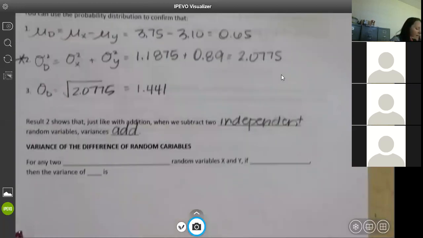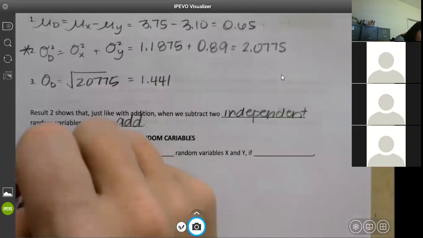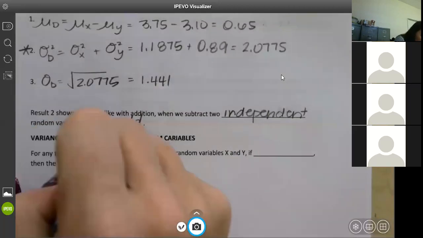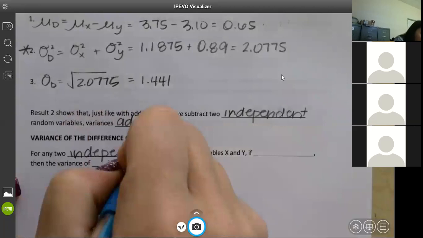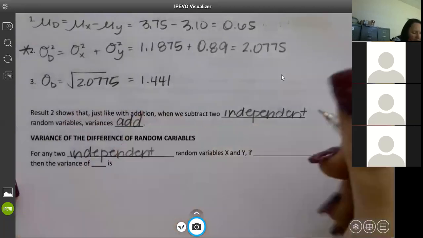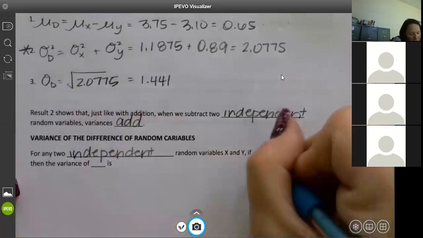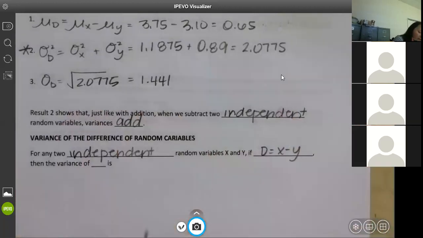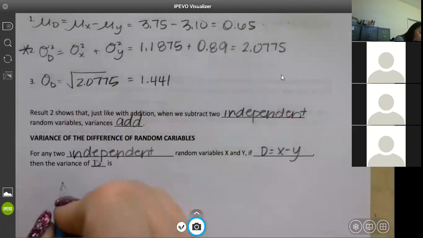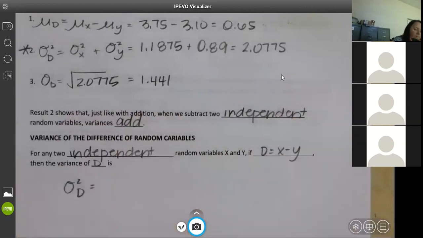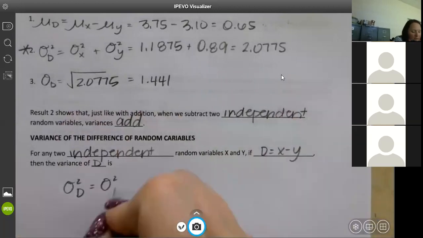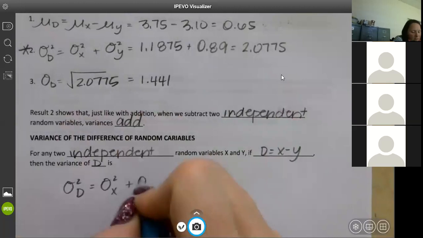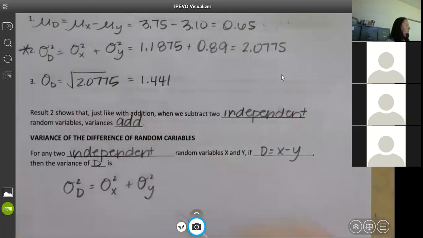For any two independent random variables X and Y, if you're looking for the difference of X and Y, then the variance of D is the variance of X plus the variance of Y. So regardless, if you're adding or subtracting, variances always add.